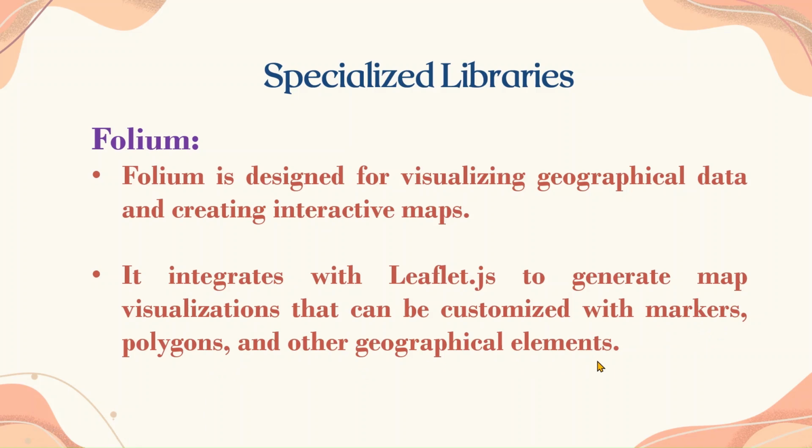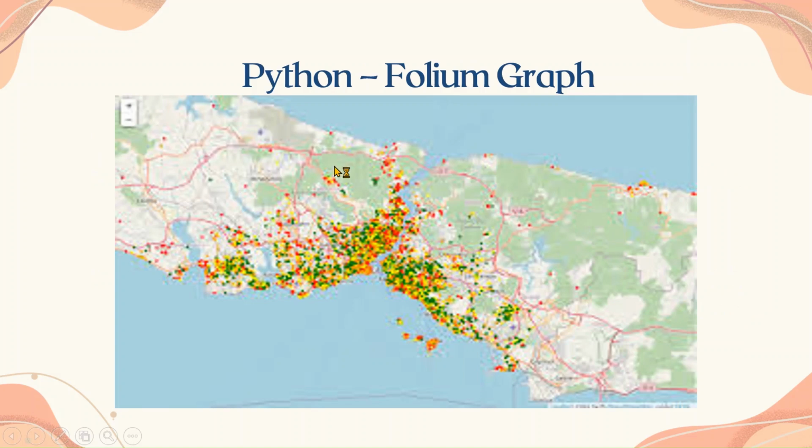Similarly, if you want to generate any mapping concept, and you want to put markers onto that particular map and show small elements on it, then you can go for this Folium library. So in this complete map, you can see so many elements being shown, and a different color represents each area, so that you can project with the Folium library in Python.